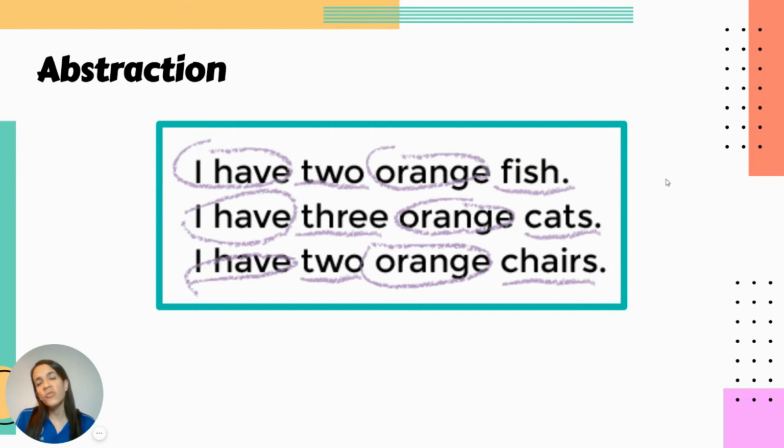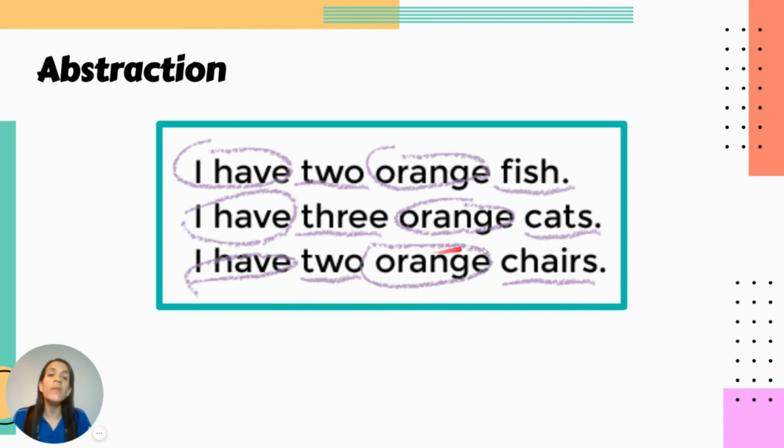Now, about abstraction. It might be a word that we use a lot in arts, okay? Referring to art that is not completely clear, but from which you have your own idea. Well, in computational thinking, abstraction means getting general ideas, okay? For example, in here I have 2 orange fish.